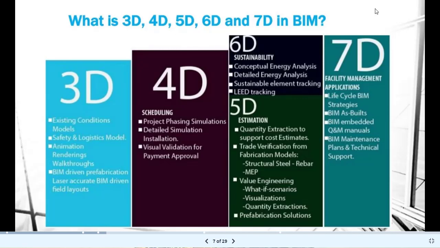Next 7D. In this 7D we have to know the facility management applications, like life cycle BIM strategies, BIM as-builts, BIM embedded O&M manuals, BIM maintenance plans, technical support. By using 3D, 4D, 5D, 6D and 7D we can analyze the total building at every stage.